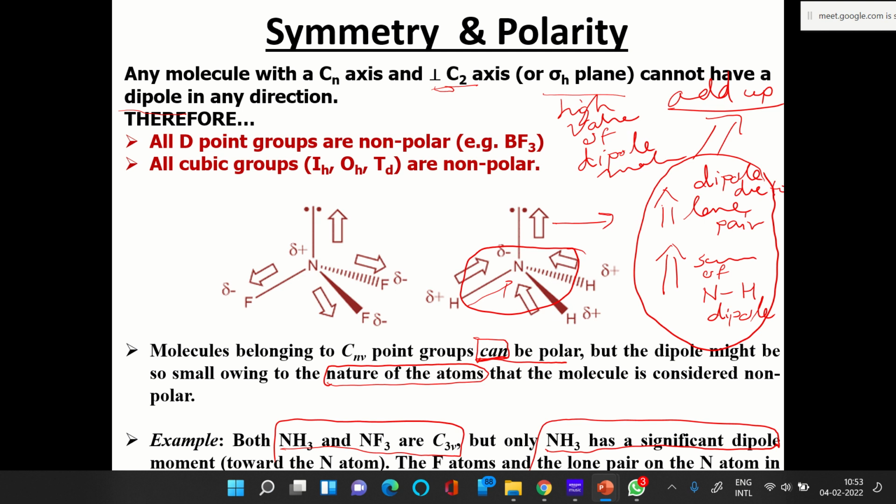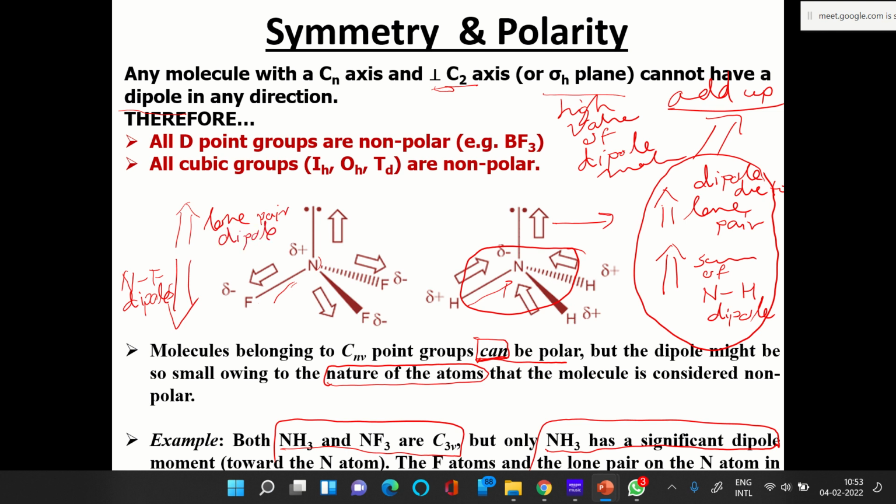Whereas if you are looking at NF3, you see that the direction is reversed: nitrogen now has a partial positive charge and fluorine is negative. So the sum of the NF dipoles is pointing downwards, and the lone pair dipole is pointing upwards.